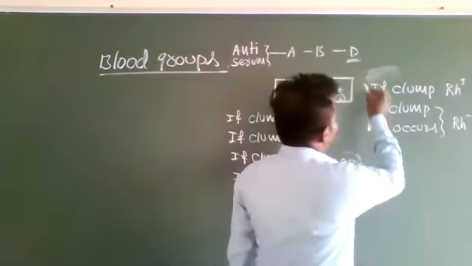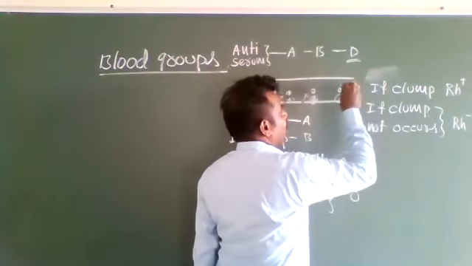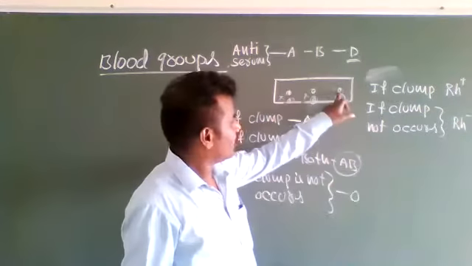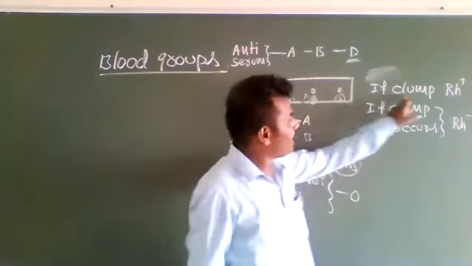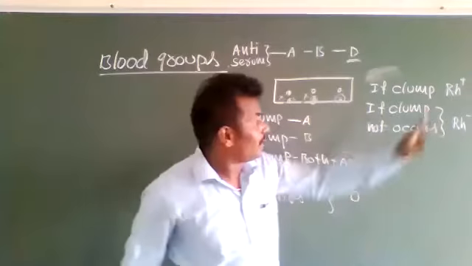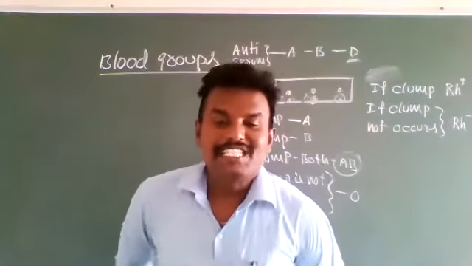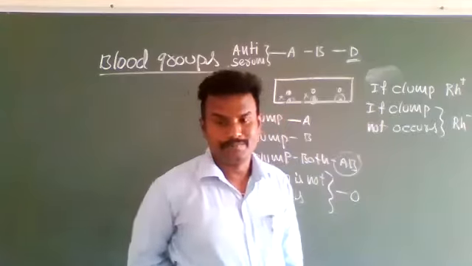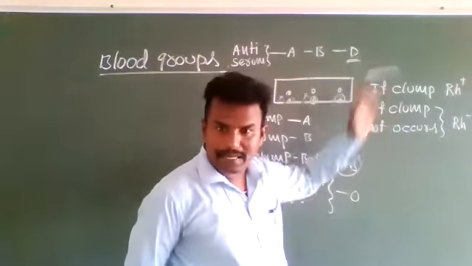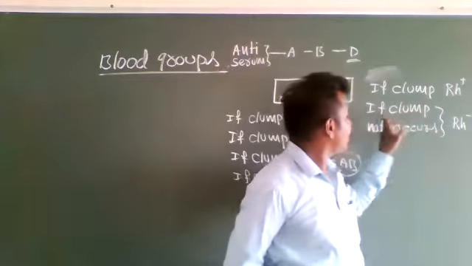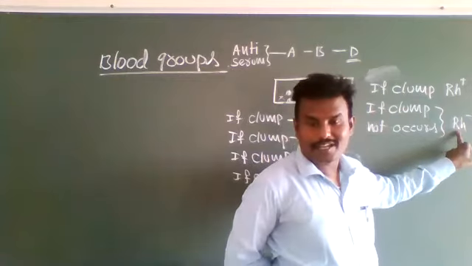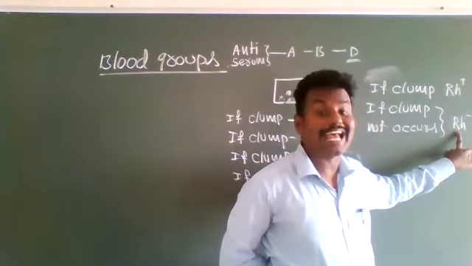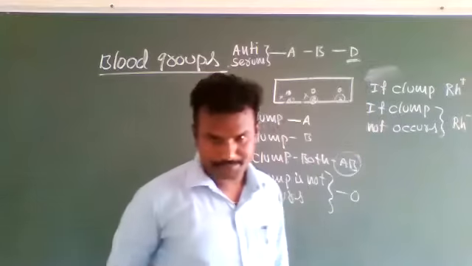So one drop of anti-serum D is placed over the blood. If clump happens, then RH positive, meaning a special type of antigens are present on our blood. If clump does not occur, then RH antigens are absent, and it is RH negative.